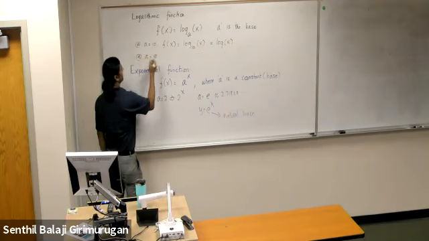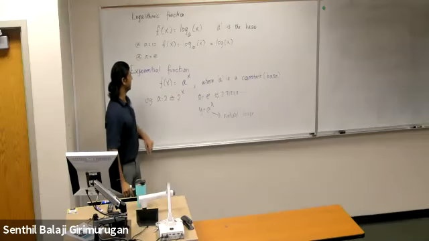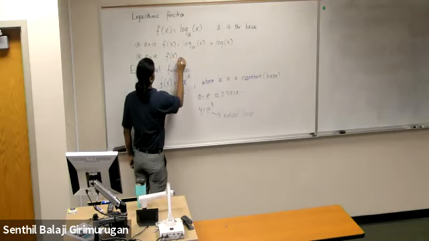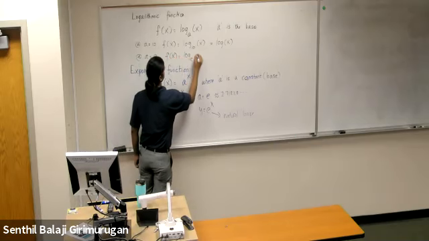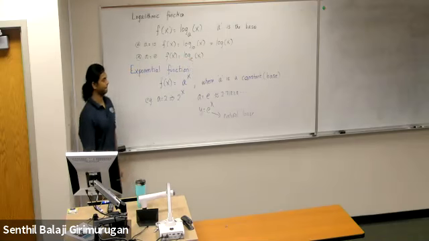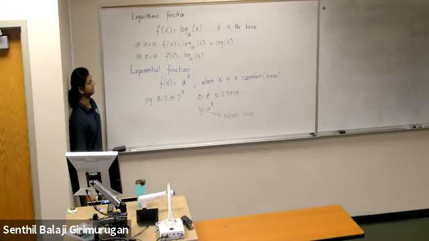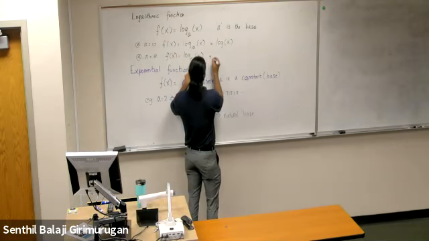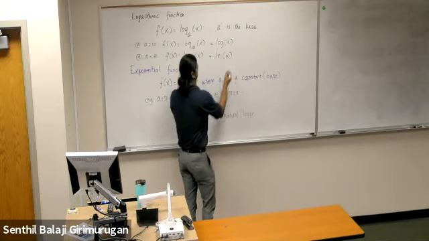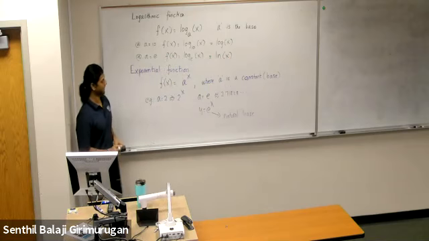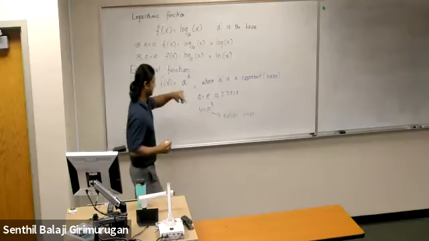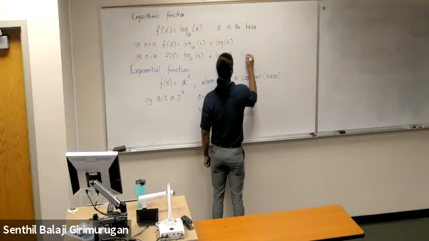If A is equal to E, the fancy number that we saw earlier, then f of x is log base E of x. In this case, we get a bit lazy, and instead of putting log base E, we'll call it ln of x. And that is called a natural logarithm.